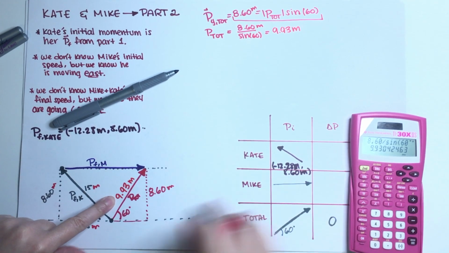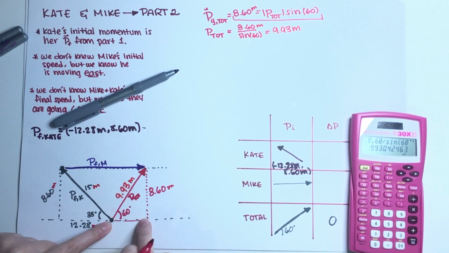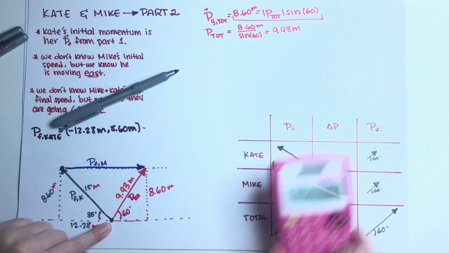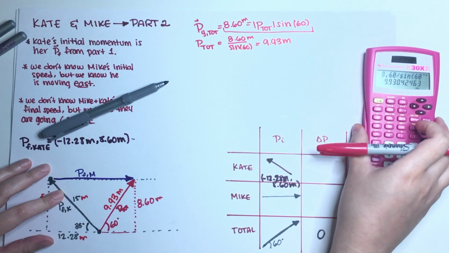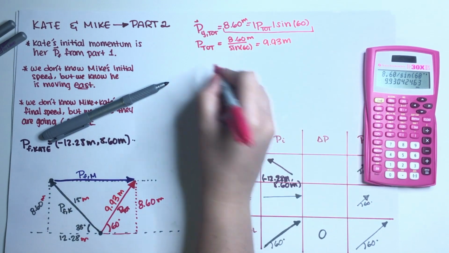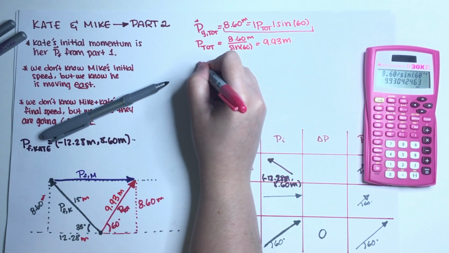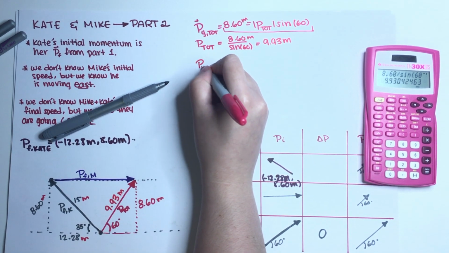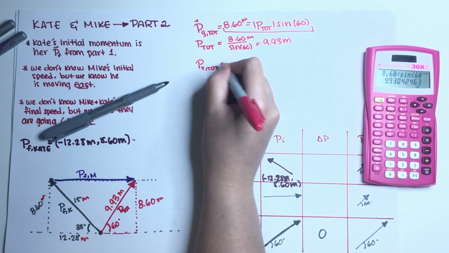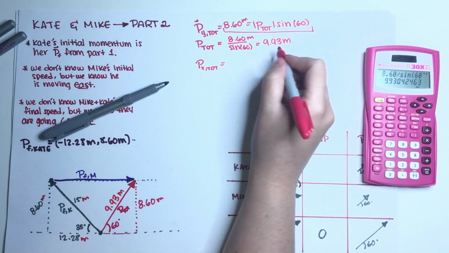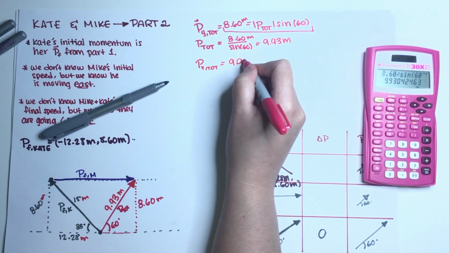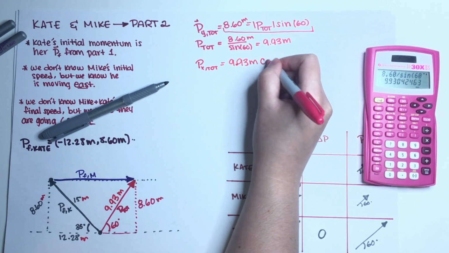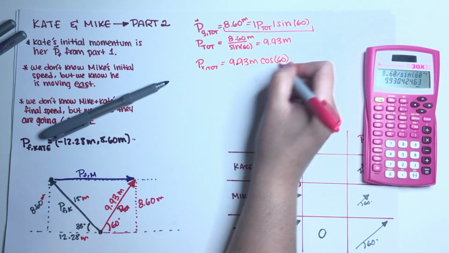So now that we have this, we can actually figure out what this is, right? Because we have 2 out of 3 sides. So that should be easy enough. Let's just go ahead and do that. So let's see. So Px of the total vector, that is just going to be 9.93 m, which is the total magnitude, times cosine of 60.